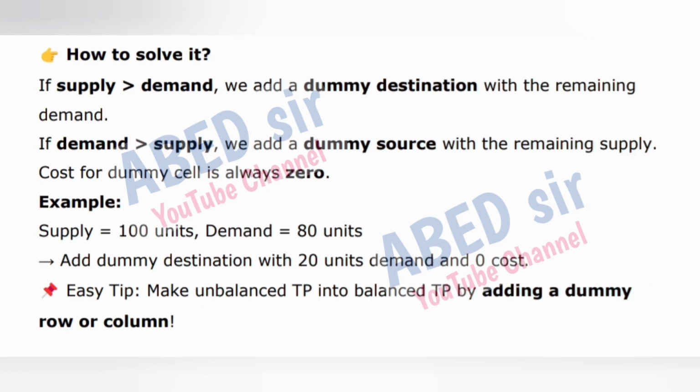Cost for dummy cell is always 0. Example: supply is equal to 100 units, demand is equal to 80 units. Add dummy destination with 20 units demand and 0 cost. Easy tip: make unbalanced TP into balanced TP by adding a dummy row or column.